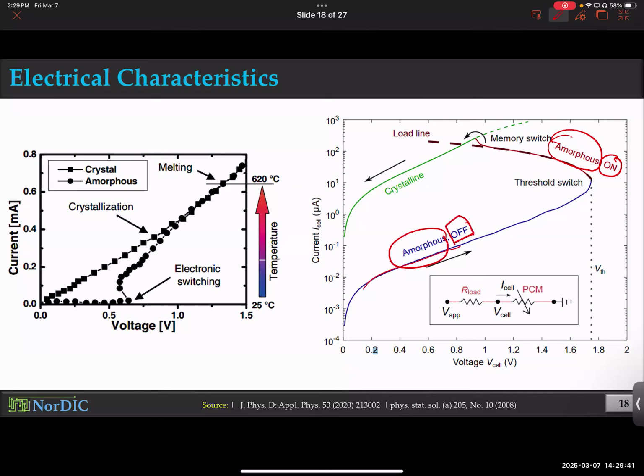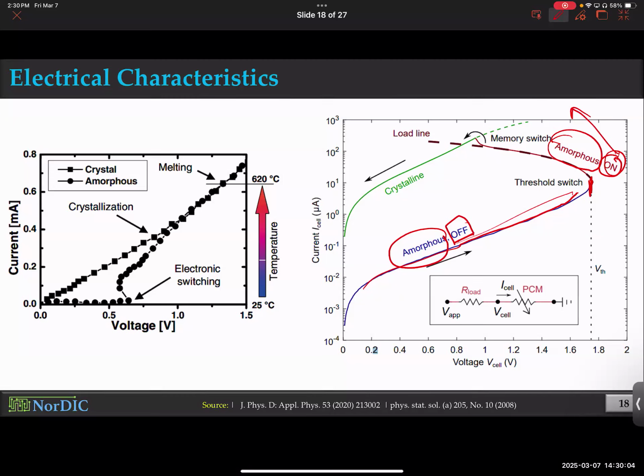So basically it is amorphous and it is staying amorphous, but beyond this threshold it is still amorphous. It hasn't crystallized yet, but it is trying to turn on gradually. It's trying to reorganize. So that's the amorphous on state, and the other region is the amorphous off state. Are you all good on this?